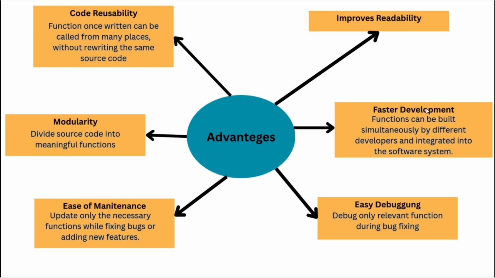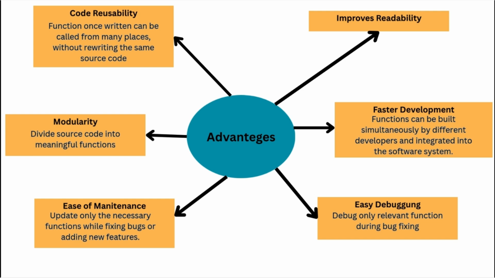Also you can develop projects much faster, because you can delegate the functions, break the system into different functions, and multiple engineers can work on it in parallel. And it improves readability, because you break the code into meaningful functions and give nice comments, so that people will understand what the code is going to do.